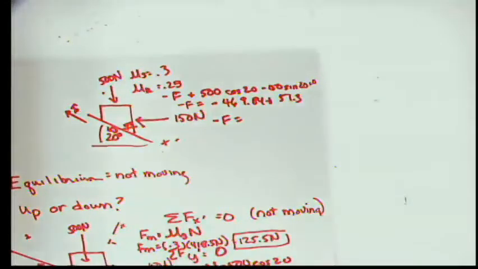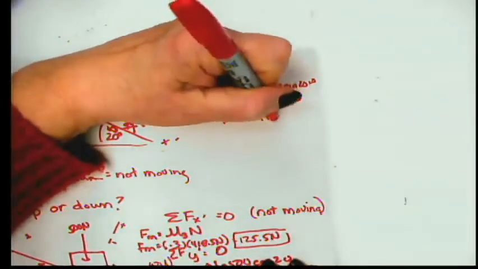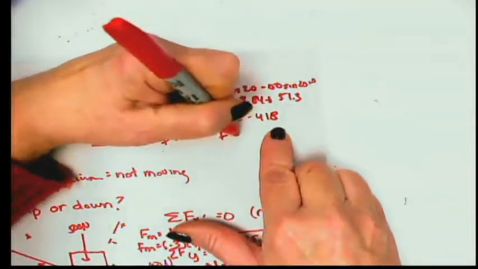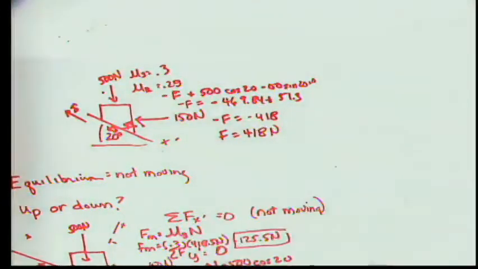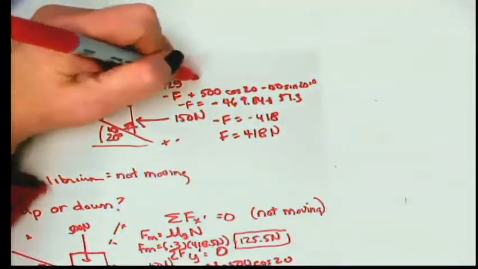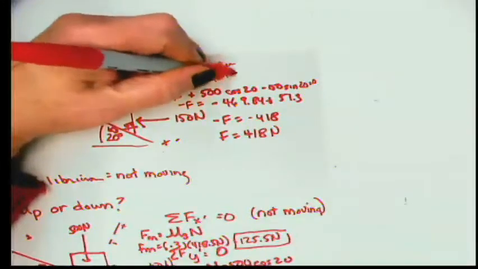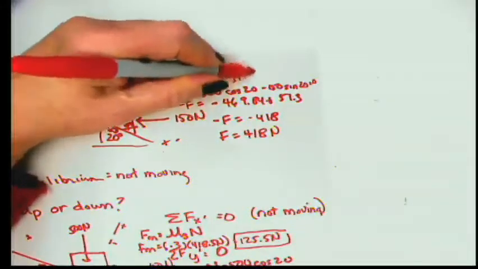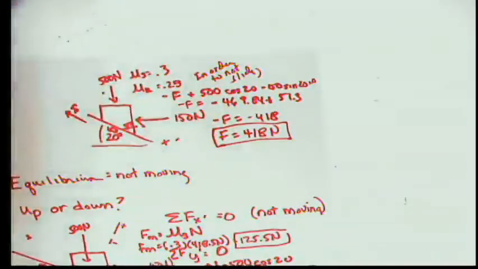That's 469.84 minus 51.3, which is 418. Okay, so the frictional force is equal to 418 newtons. All right, so that means that in order to not slide, the force of friction would have to be 418 newtons.